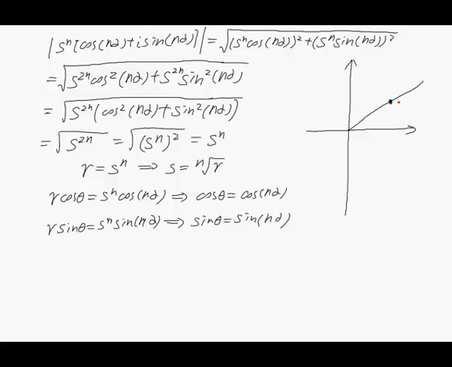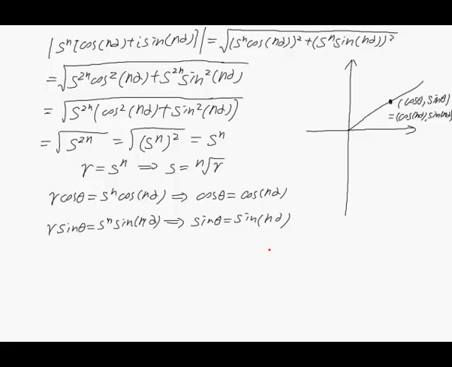So we know by the definition of this angle, this point should be equal to cosine theta and sine theta, right? And also this is the same as cosine of n alpha and sine of n alpha.